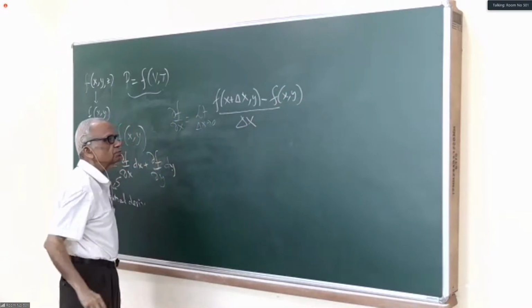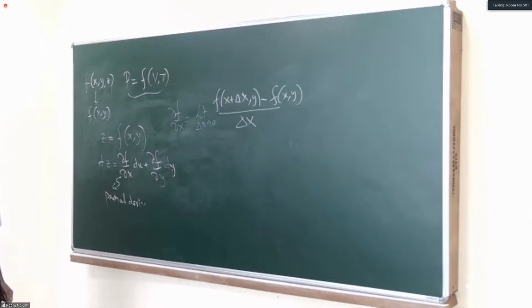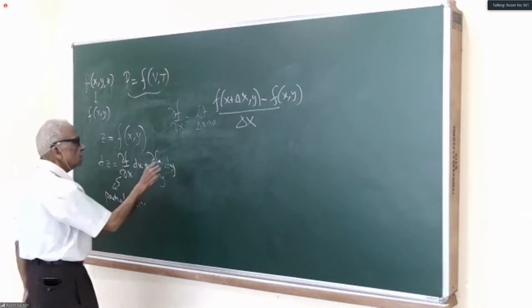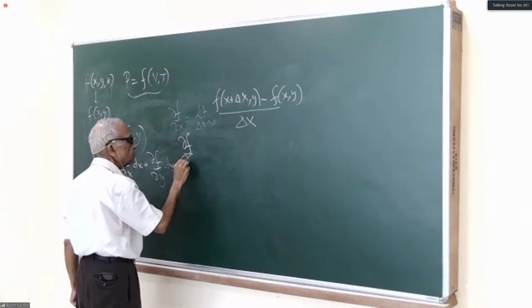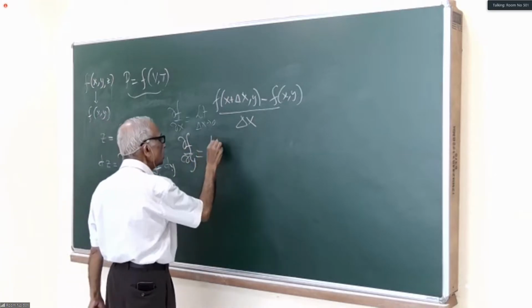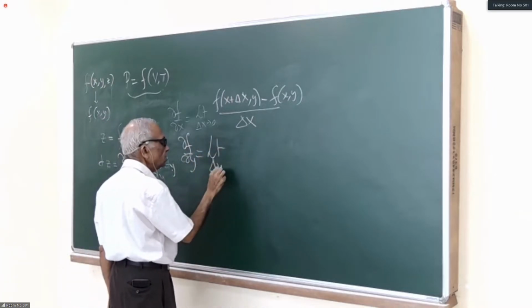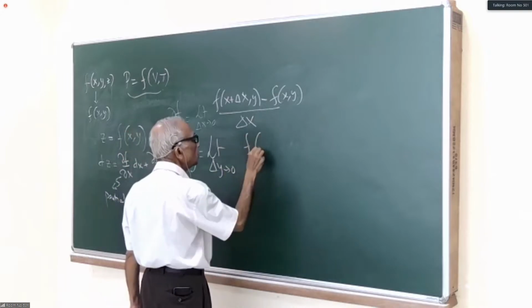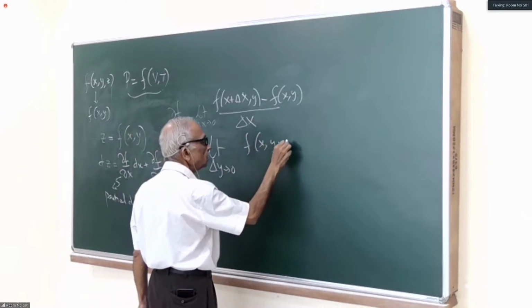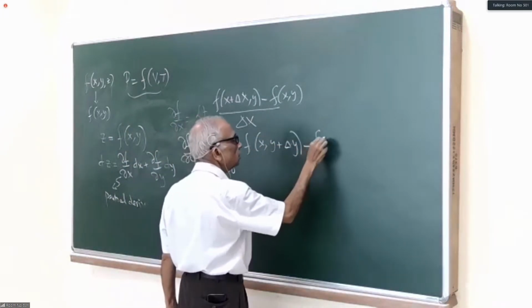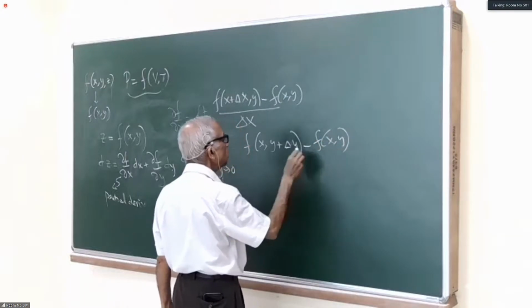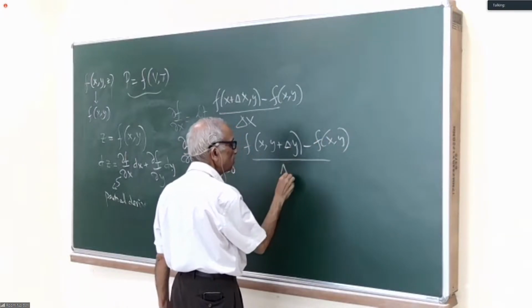That is the partial derivative of f with respect to x. Similarly, del f del y is the limit as delta y tends to 0 of f(x, y plus delta y) minus f(x, y), divided by delta y.